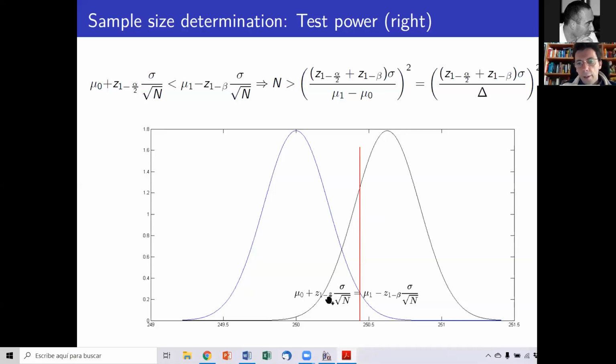So now I can expand my equations to say all this area at most has to be 20% or has to be 10%. That is what we fixed when we were using the G*Power. We said my statistical power has to be 90%.